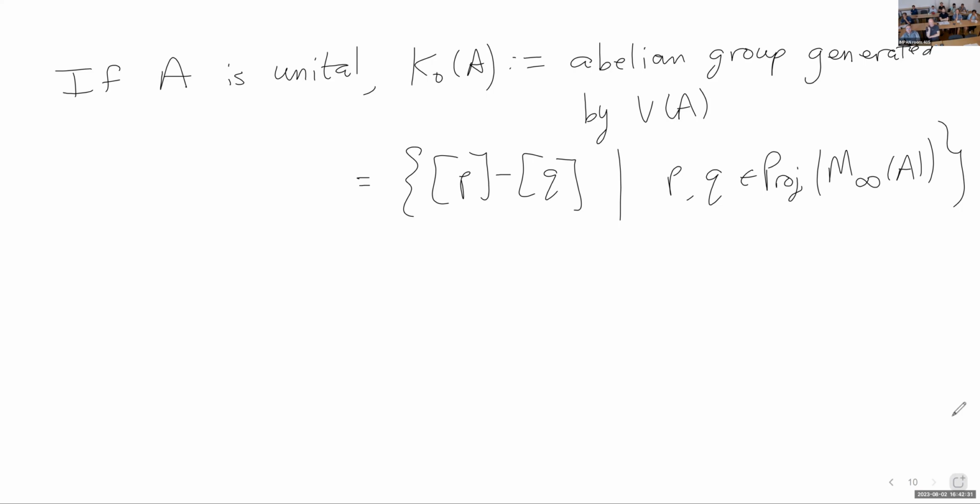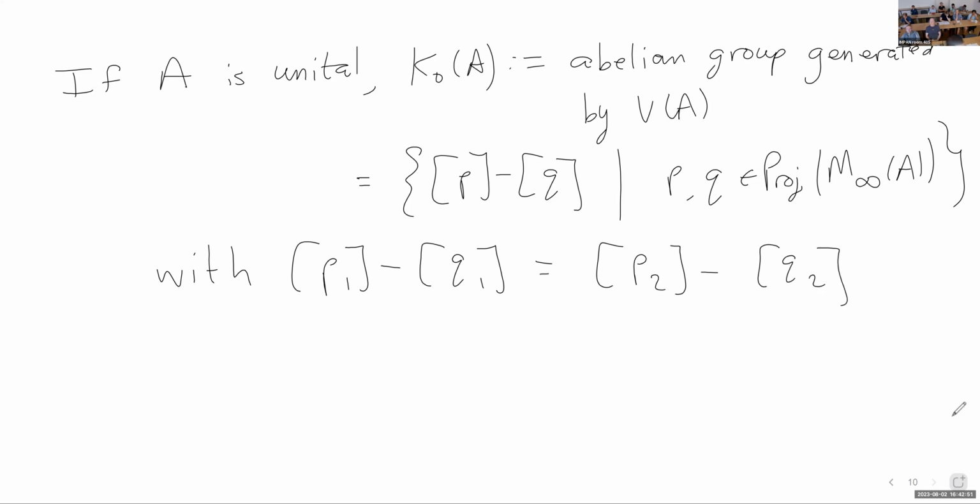Yes, provided you have cancellation. Well, I'm not finished yet. So with P1 minus Q1, we declare this to be equal to P2 minus Q2, if and only if there is some class R such that, I would like to say that this just means that P1 plus Q2 is P2 plus Q1, but precisely because I might not have cancellation, I have to allow for this extra ingredient here.